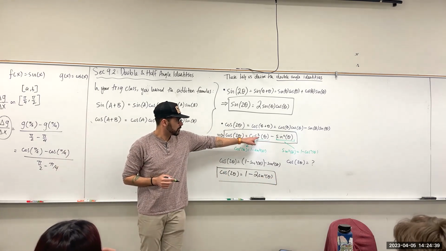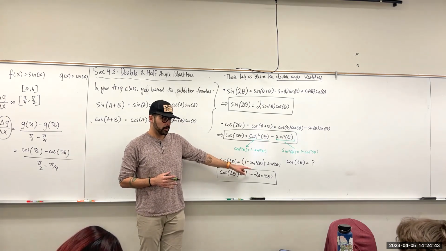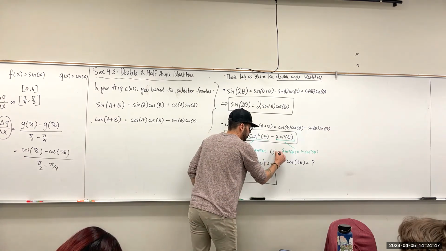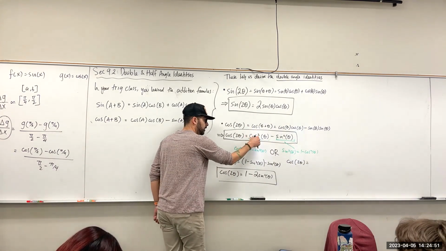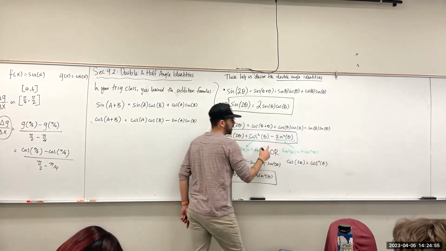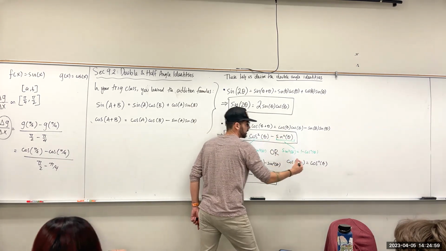Because I was able to rewrite cosine as 1 minus sine squared. Okay. And then I guess I should have put an or here. Or I could have left this one alone, and instead replace the sine squared with 1 minus cosine.